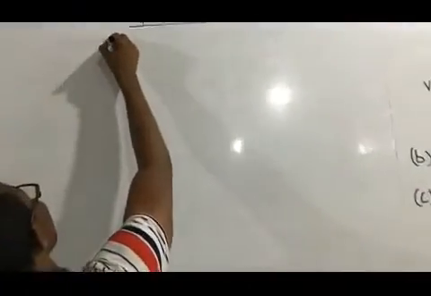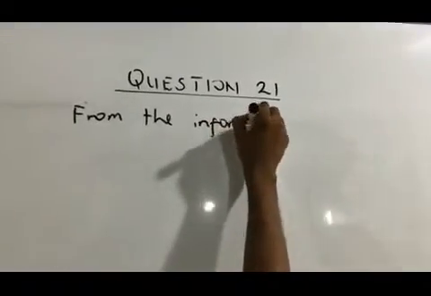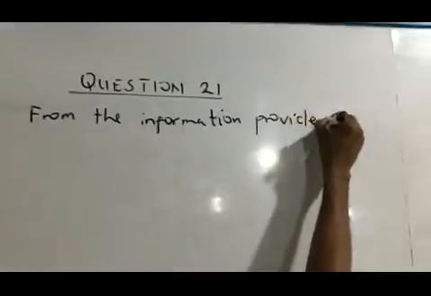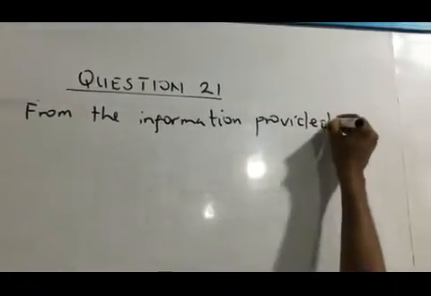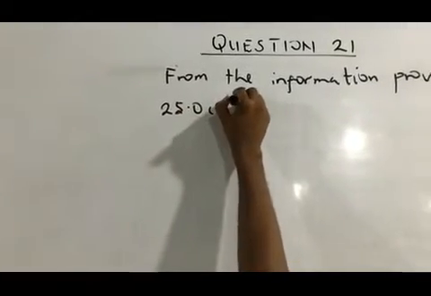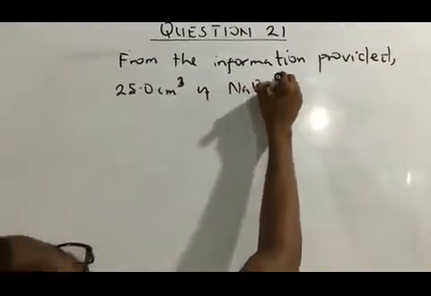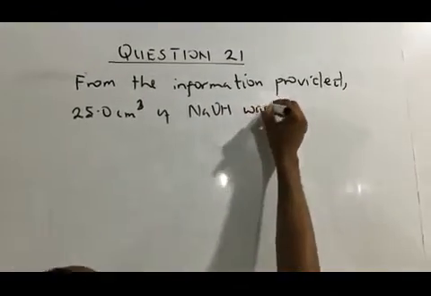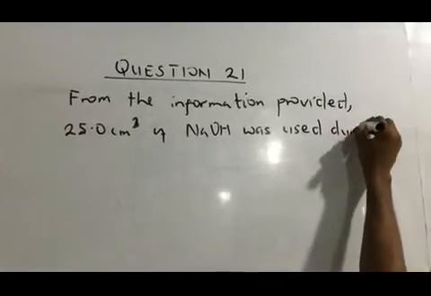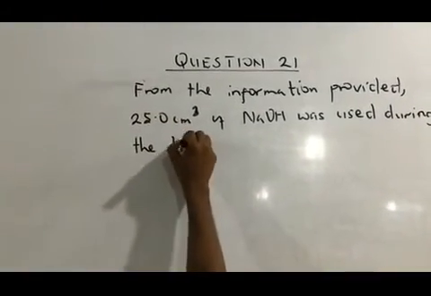So, as I said, from the preamble or information provided, 25.0 cm³ of the NaOH was used during the titration.